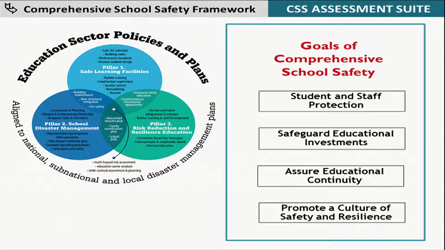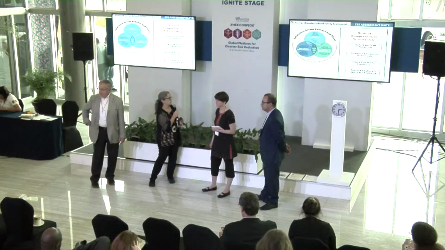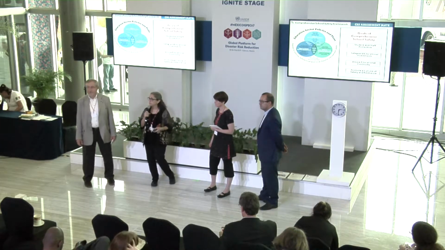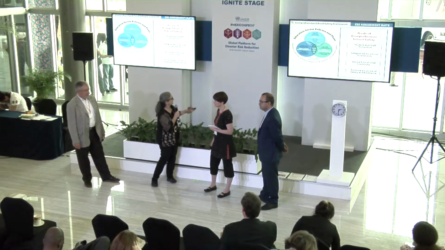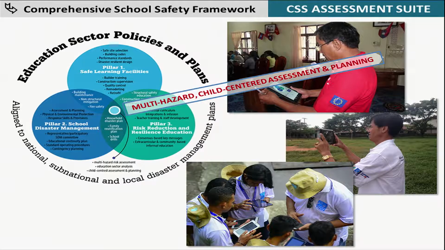We broke it down, but stayed faithful to the 3 pillars of comprehensive school safety. As you know, our goals are student and staff protection, safeguarding educational investments, assuring educational continuity, and building a culture of safety. At the heart of the comprehensive school safety framework is what we think is the child-centered multi-hazard risk assessment.